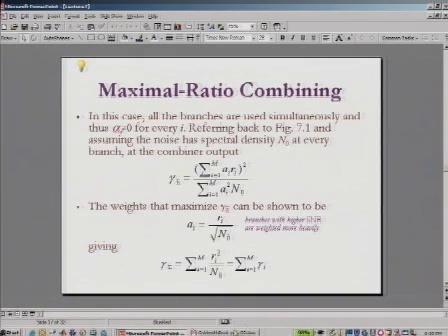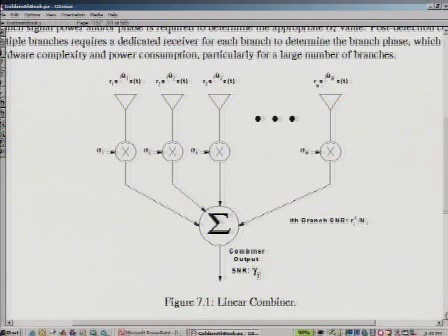Now, what's the noise? Well, the noise gets also combined, right? So the noise on the first antenna is multiplied by alpha 1, noise on the second antenna is multiplied by alpha 2, and so on and so forth.